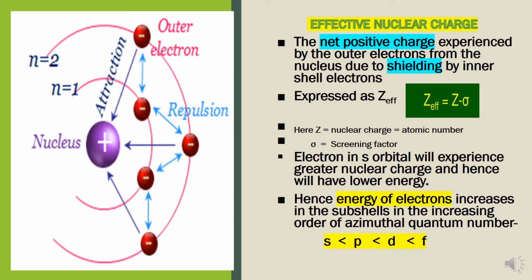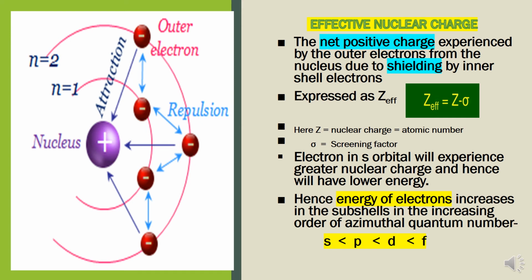And electrons in s orbital will experience greater nuclear charge as we have discussed, because वो बहुत closer होते हैं, ज़्यादा penetrated होते हैं, and symmetrical arrangement of electron clouds होता है उनका around the nucleus, and hence they have lowest energy.